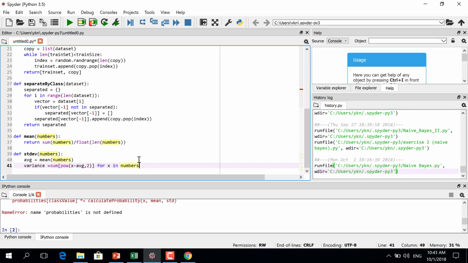Wait a second, I think we need to put more: the sum of the power.